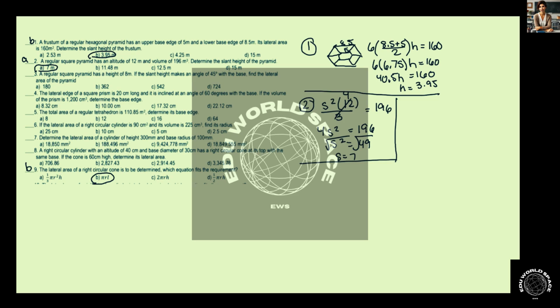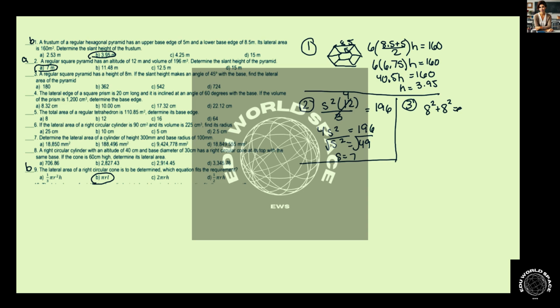Then for number 3, it gives me the height of 8 meters, so I had to find the slant height. It was 8 squared plus 8 squared, because it's 45 degrees, which means that both sides of the right triangle are the same.